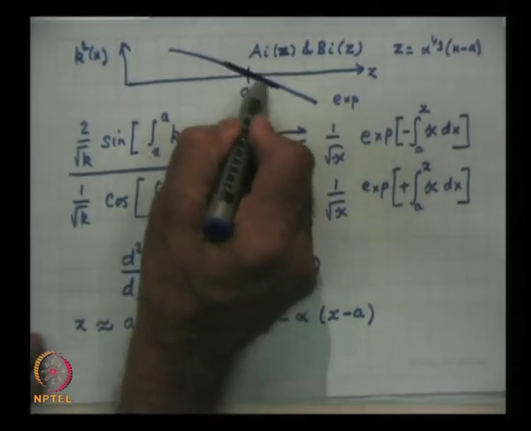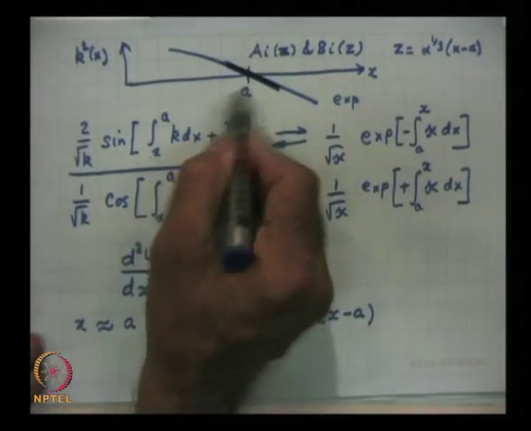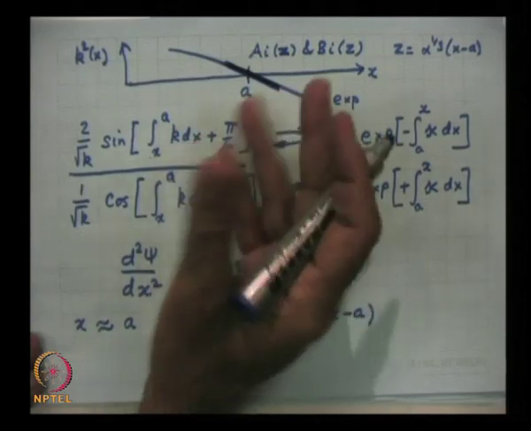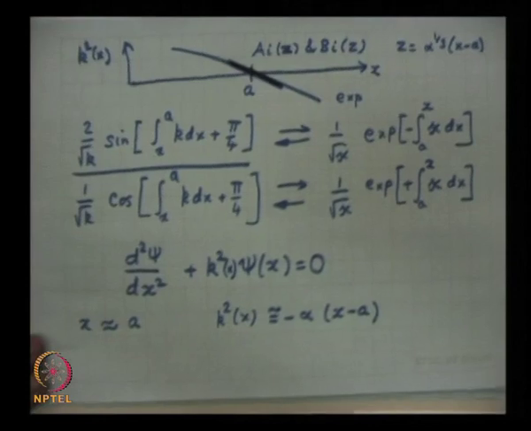We assume this to be linear, then the solutions become Airy functions, and by looking at the asymptotic forms of the Airy functions and comparing it with the WKB solutions, we write the connection formulae. And as we have seen, if we use these connection formulae, we get exact results for the harmonic oscillator problem, and even for the linear potential it gives very accurate results.